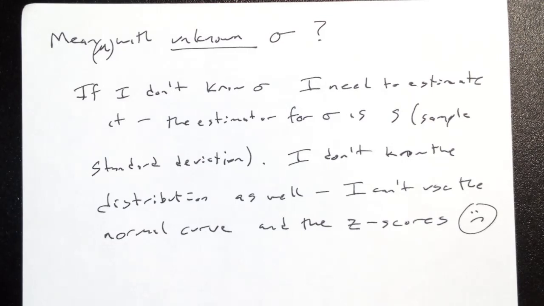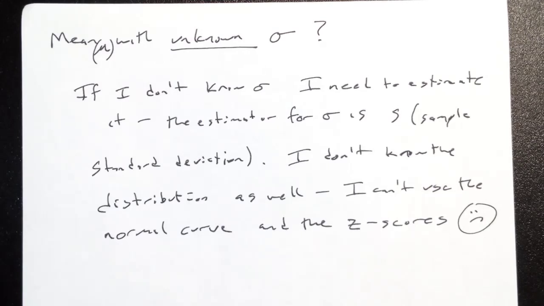Gossett worked for a brewery, and he was looking at different yields of alcohol for different yeast strains. He was working with very small samples. He only had 3 or 4 different samples at any given time. So he knew he wasn't able to make assumptions about being normal. And he said, I need a new distribution.